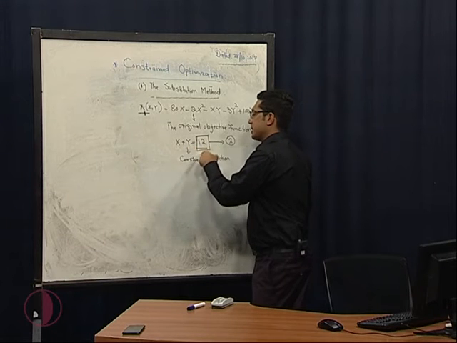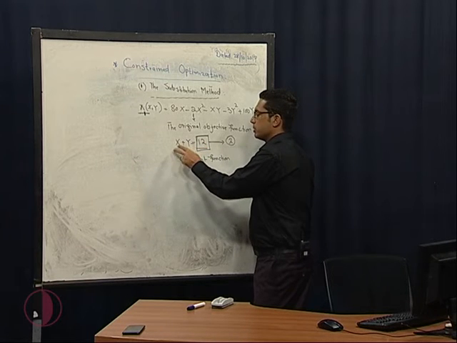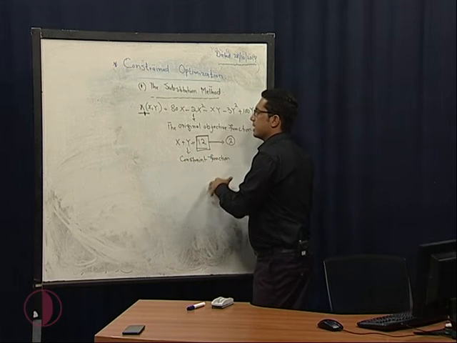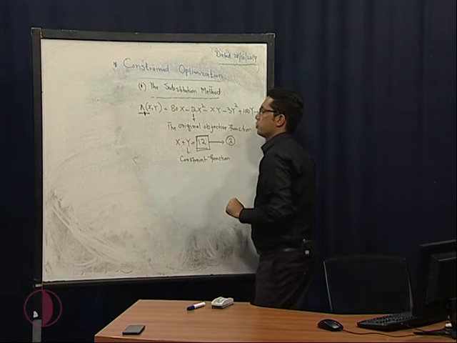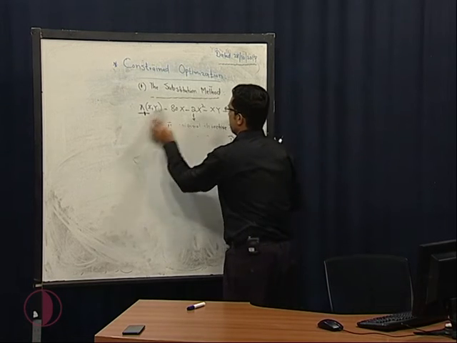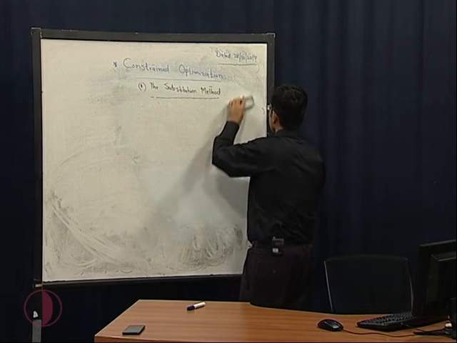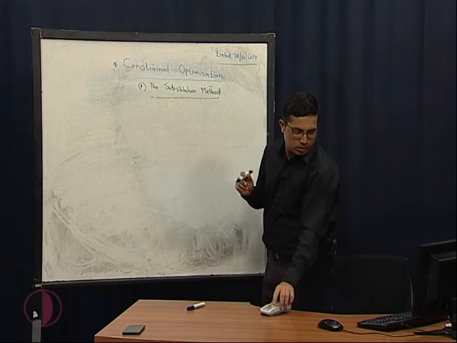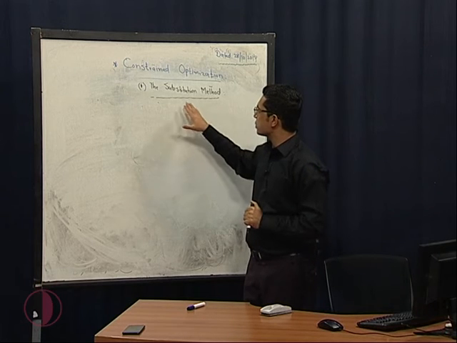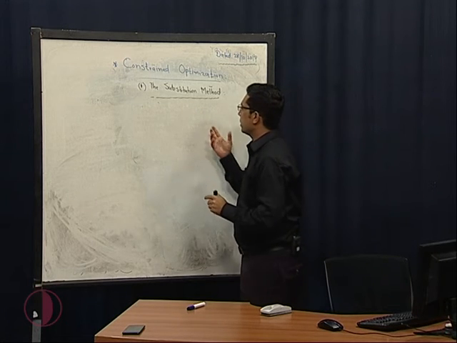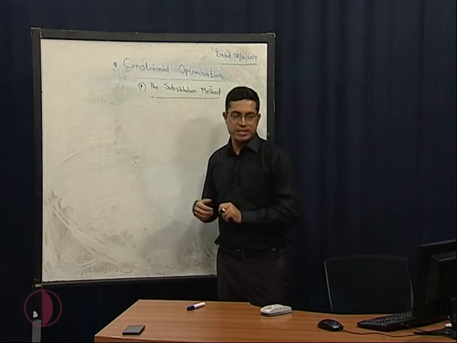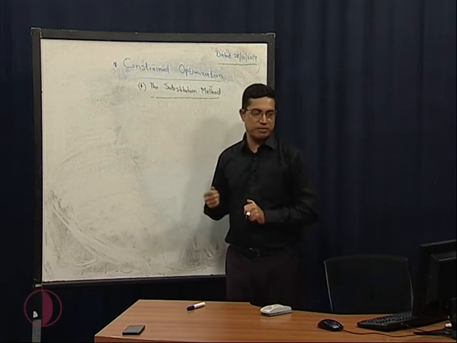Then we will substitute that expression in the original objective function to make it unconstrained. So let me solve this optimization problem by the substitution method. With the help of the substitution method, we can solve the constraint optimization function for x.